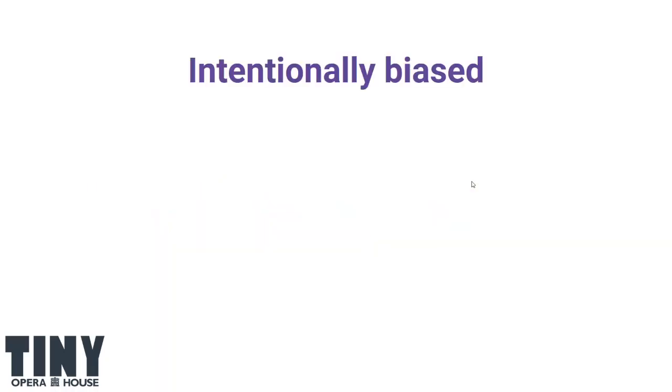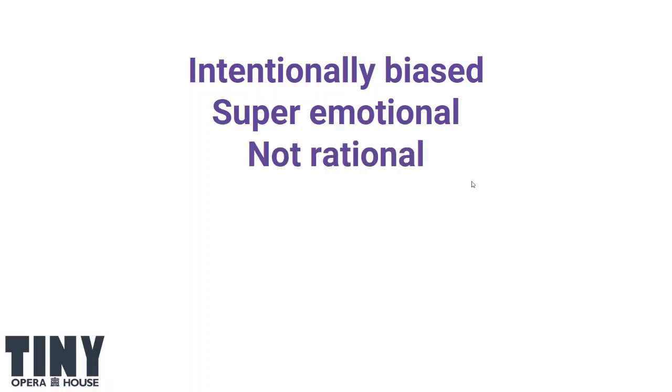Nonprofits tend to be intentionally biased. There's a direct change and a direct outcome that we're looking to achieve. And so we do take a biased position. They're often really emotional. The causes that we're working on have a lot of emotional strings attached to them. It's not a rational system at all. And we talked about this in the first week a little bit.